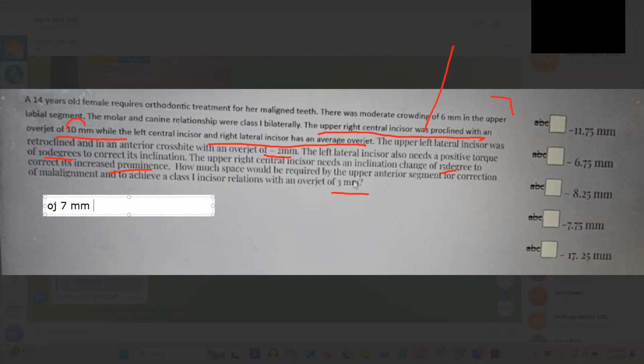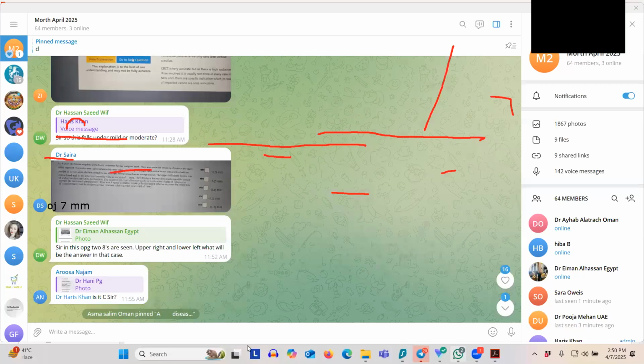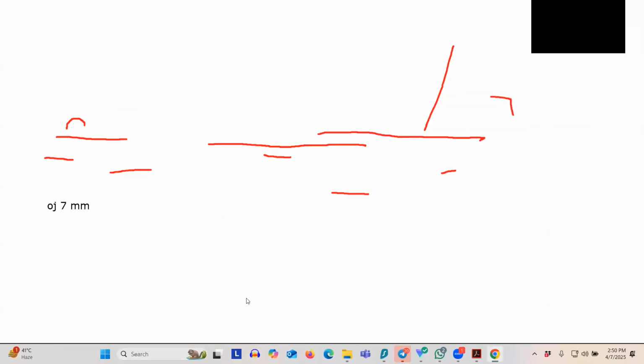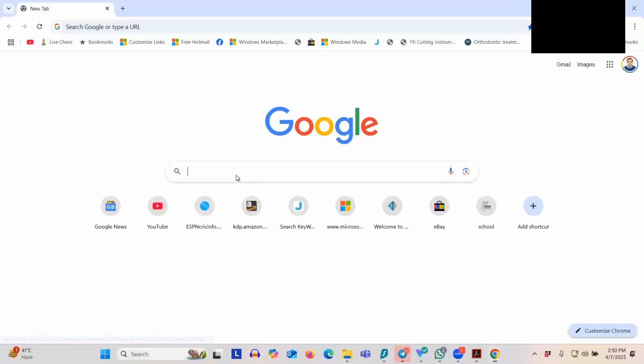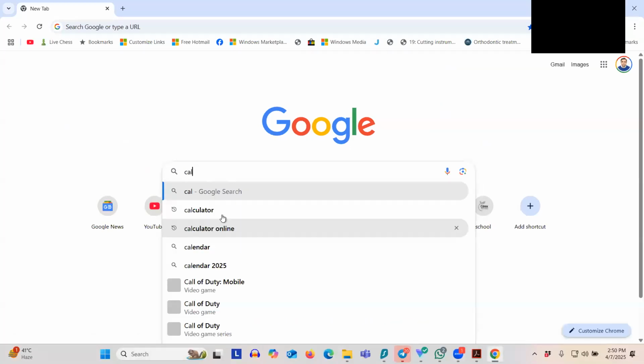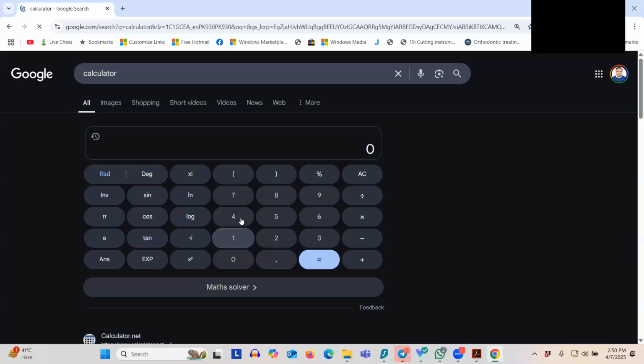So it will be 3.5. 14 divided by 4 is 3.5 mm.